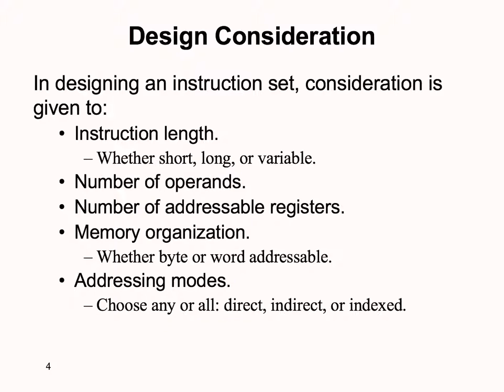So in designing an instruction set, several parameters need to be considered. Basically, the first one is instruction length, whether short, long, or variable. Short instructions are typically better because they take up less space in memory and can be fetched quickly.